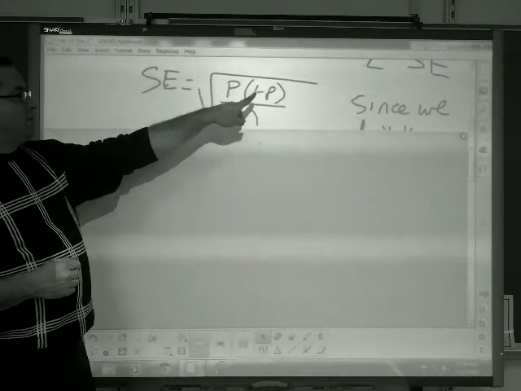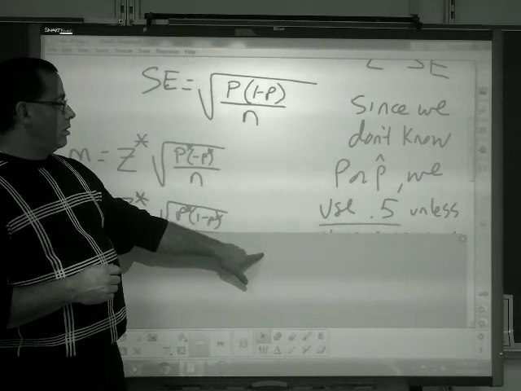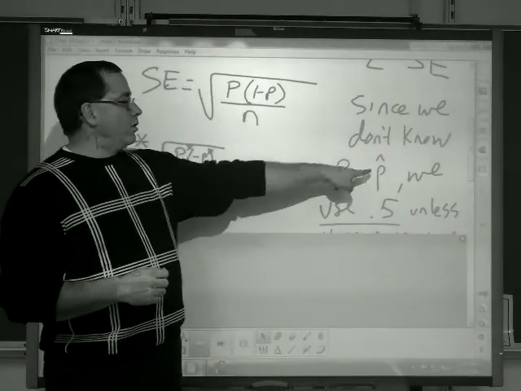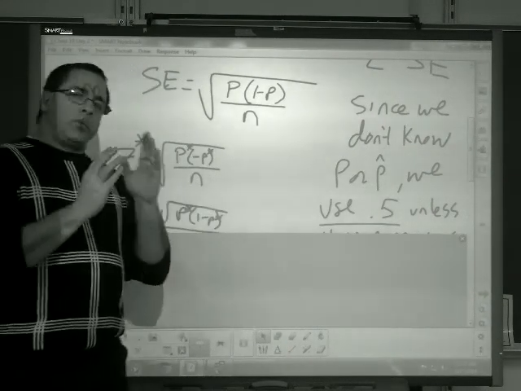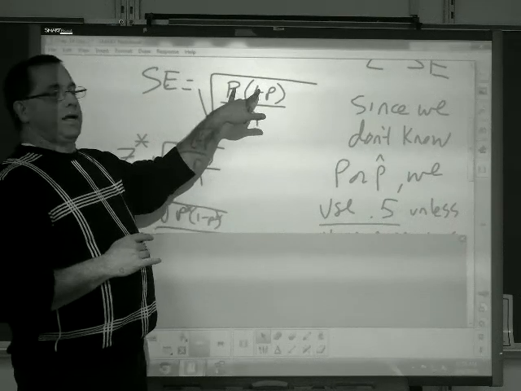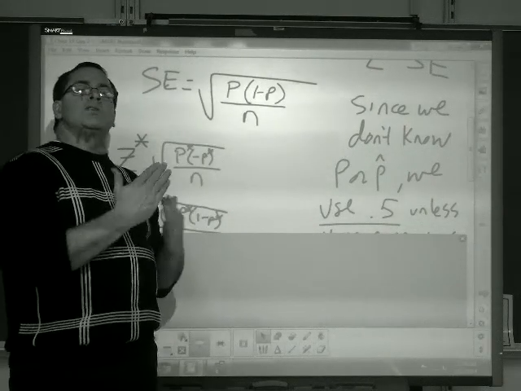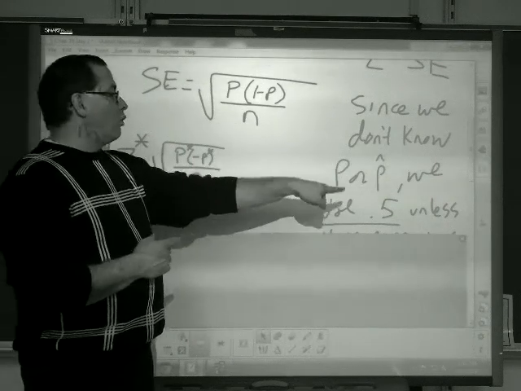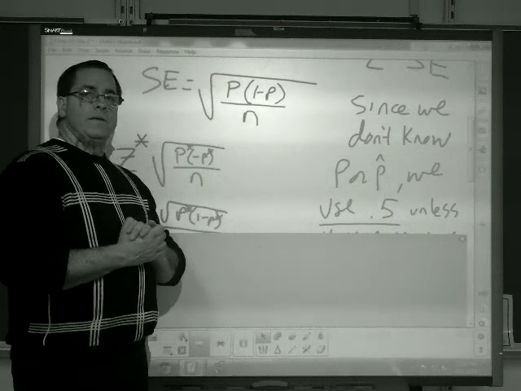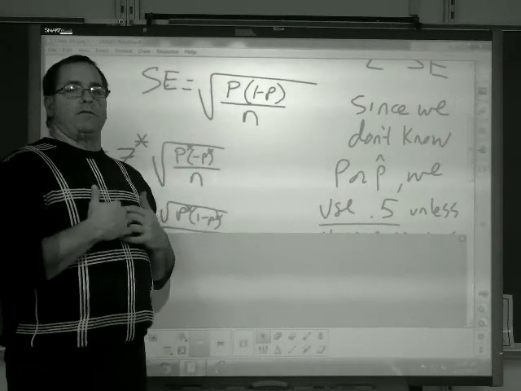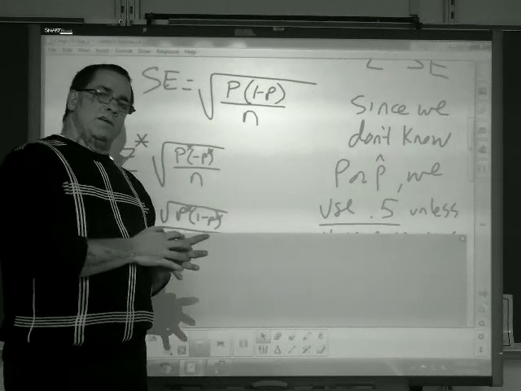So in this case, since we don't know the p or the p hat, we're going to use 0.5 there. That number 0.5 gives me the highest product. 0.5 times 0.5 is the highest product. Gives me the most leeway. We will use 0.5 for these numbers, unless we have previous information, unless we already know some previous statistics.